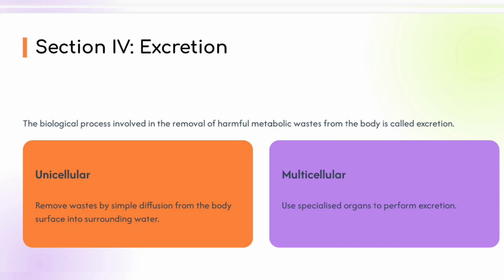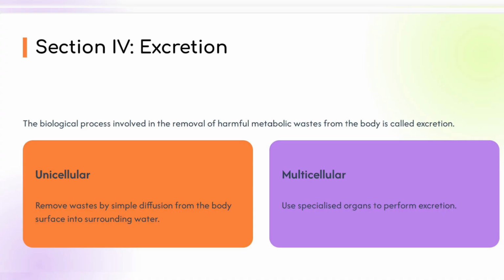Excretion is a biological process of removing harmful metabolic waste from the body. In unicellular organisms, waste materials are simply removed by diffusion from the cell surface into the surrounding water.